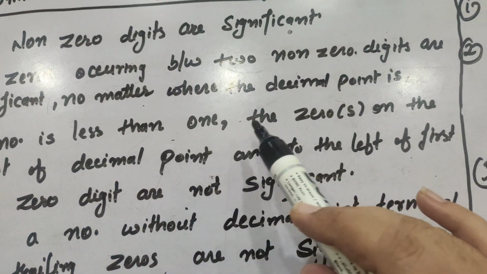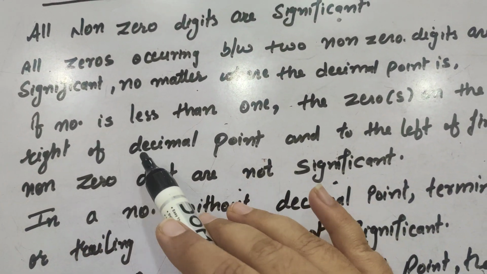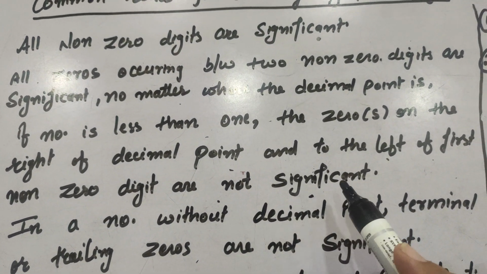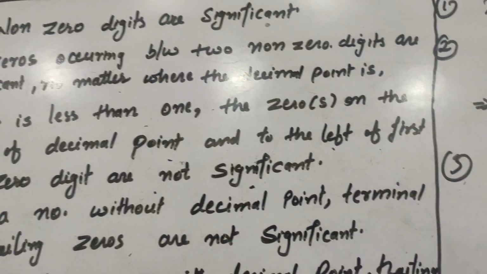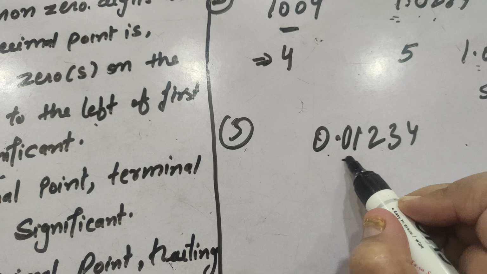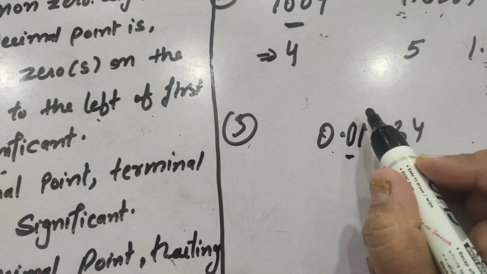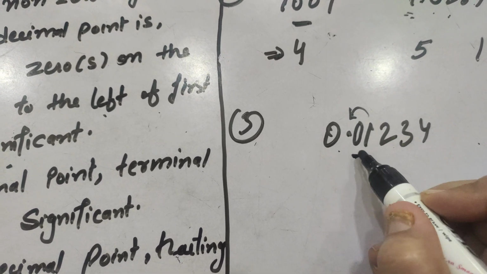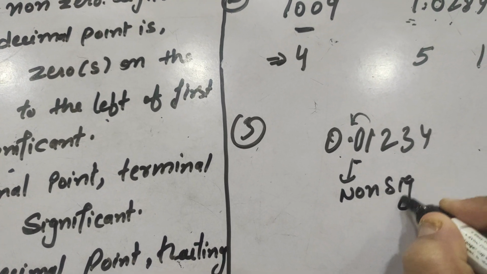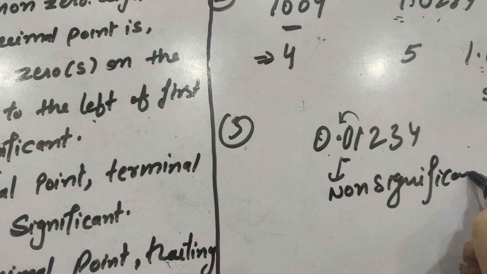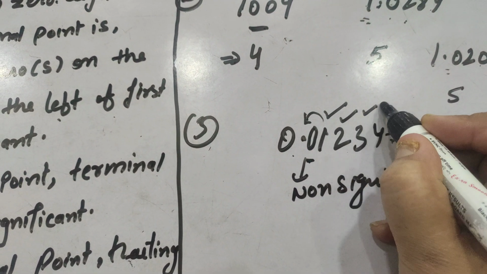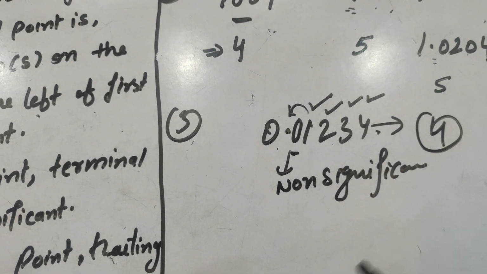The zero on the right of the decimal and left of the first non-zero digit is not significant. In this case, this 0 is not considered significant, and the total number of significant figures will be 1, 2, 3 and 4. So total significant figures are 4.